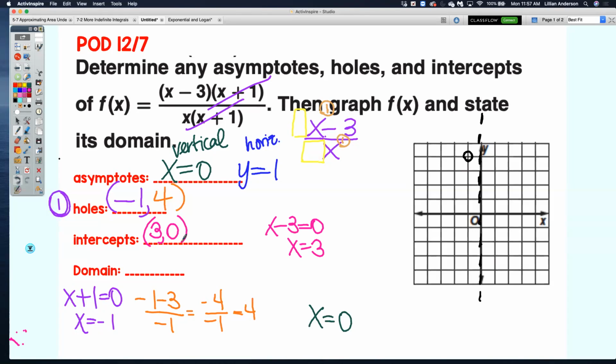That's where the 0 comes from. Oops, I forgot to draw my other stuff. Hold on, sorry. Horizontal asymptote of y equals 1. X-intercept at 3, 0. How do I find my y-intercepts? Plug in 0 for all my x's. Ooh, but when I do that, what do I get?